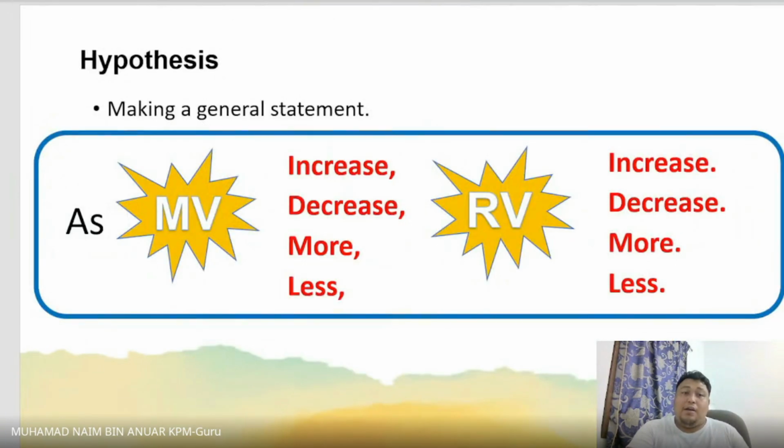Now, hypothesis. What is a hypothesis? A hypothesis is making a general statement, meaning before you do the experiment, you have a simple idea. Let's say, remember, we did the gill experiment.